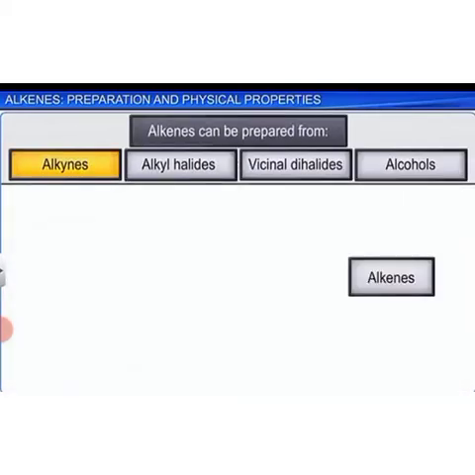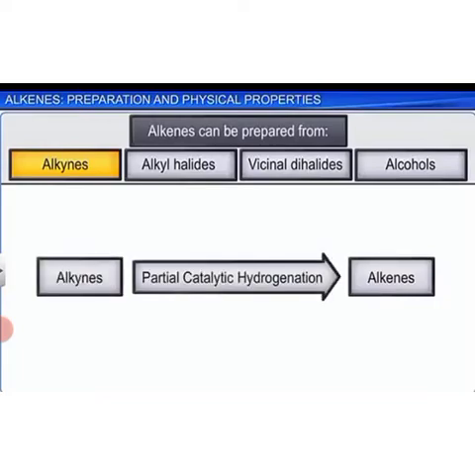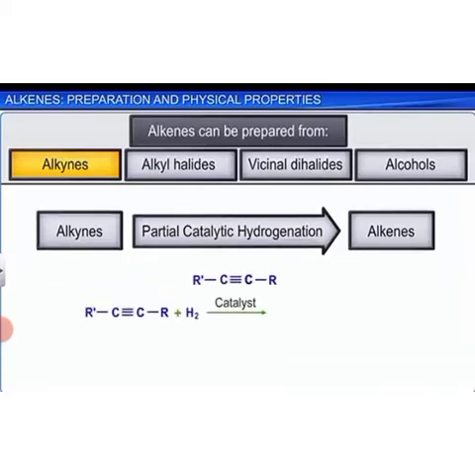To obtain alkenes from alkynes, we carry out partial catalytic hydrogenation. During this reaction, addition of a hydrogen molecule, that is, addition of 2 hydrogen atoms, takes place across the triple bond of the alkyne.